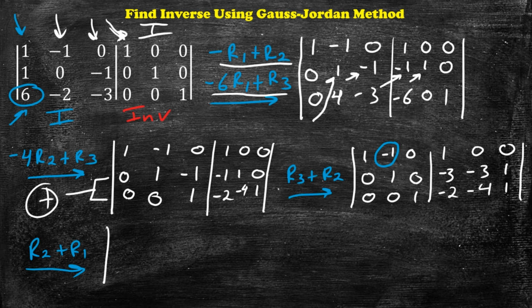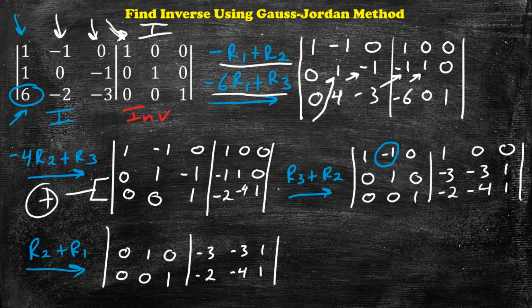Okay, and row 3 is going to stay the same. So 0, 0, 1, negative 2, negative 4, and 1. Row 2 is also going to stay the same. 0, 1, 0, negative 3, negative 3, and 1.